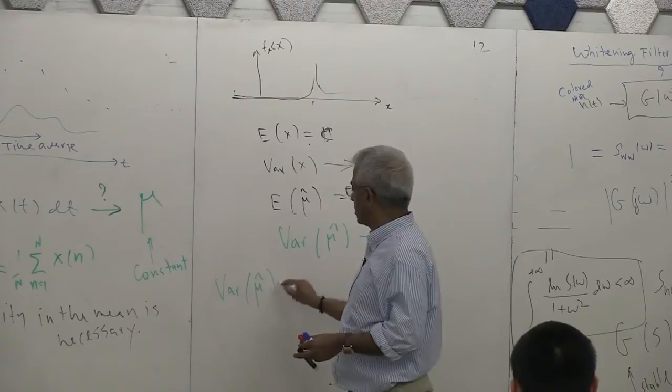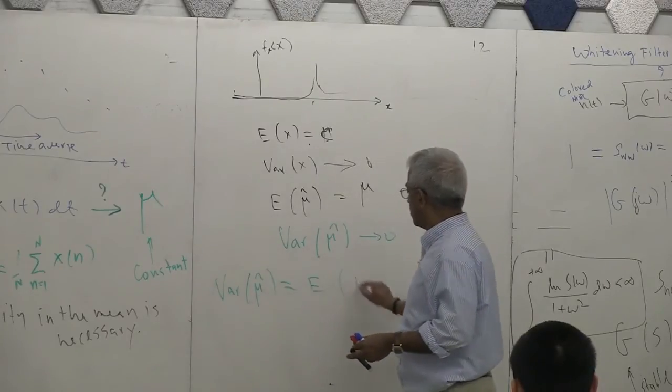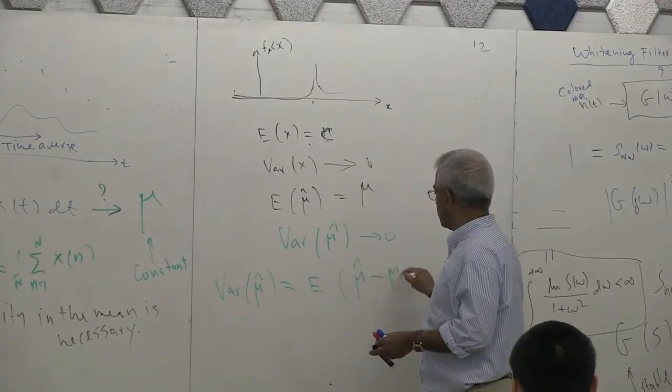Variance of mu hat is the expected value of mu hat minus mu the whole squared, right?